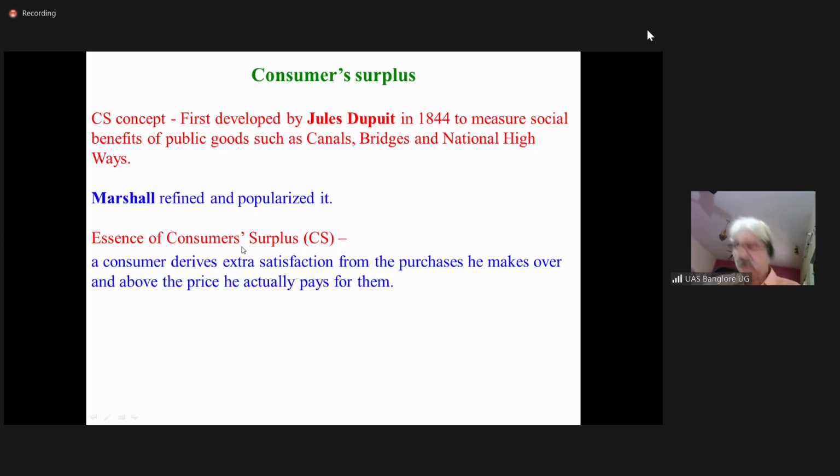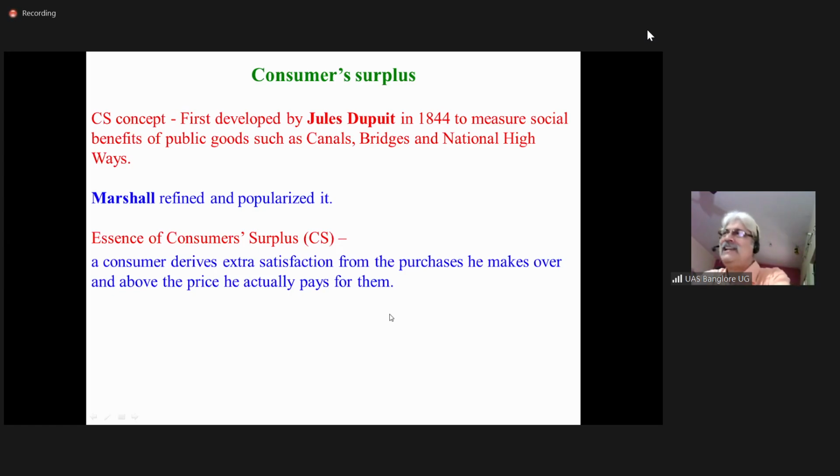One more example. Suppose you have a very favorite actor. You are a fan of a particular actor, and you want to watch his movie first day, first show. Unfortunately, you could not book the ticket earlier.